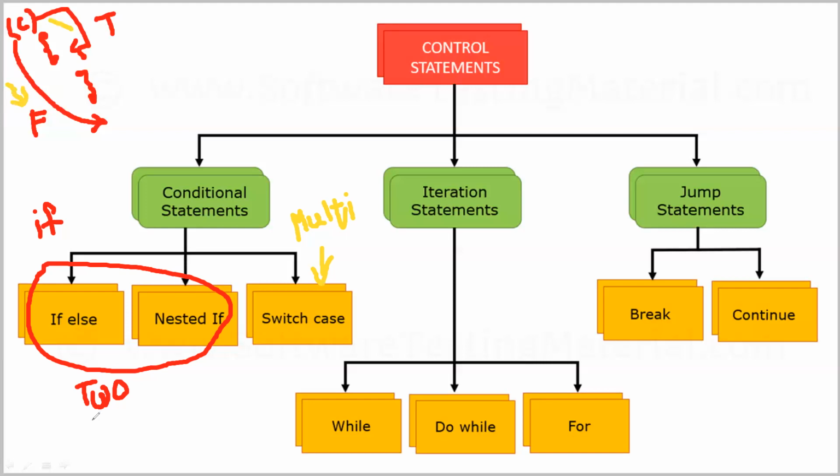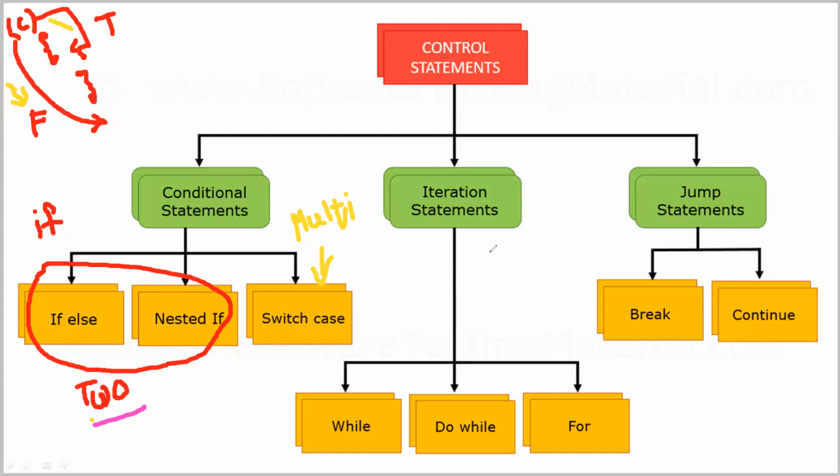That's why these statements are called two-way selection statements, whereas switch case is called multi-way selection statements. So these are the examples: if else, nested if, cascading if, and then switch case are the examples of conditional statements.